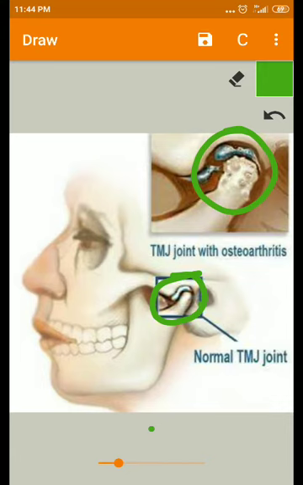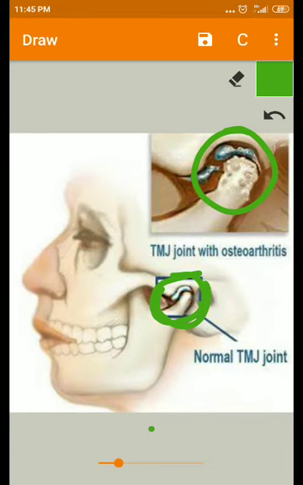whereas rheumatoid arthritis is an inflammatory condition which affects the connective tissue structures around the temporomandibular joint, like the capsule, synovial membrane, and the synovial lining, and also the tissues which give support to the temporomandibular joint.